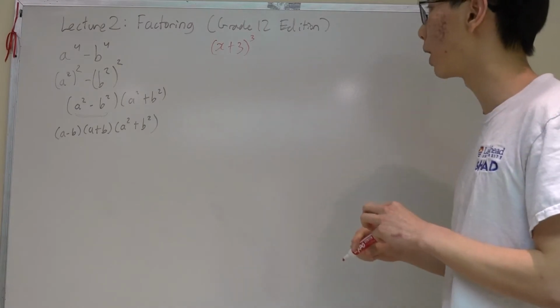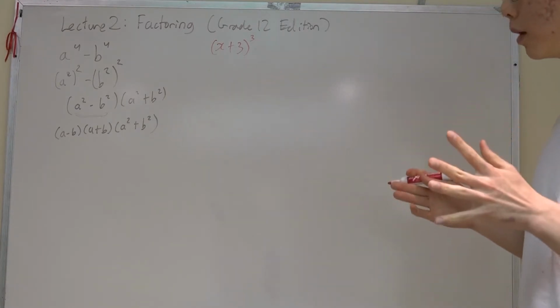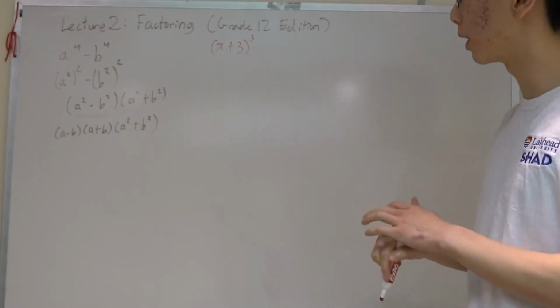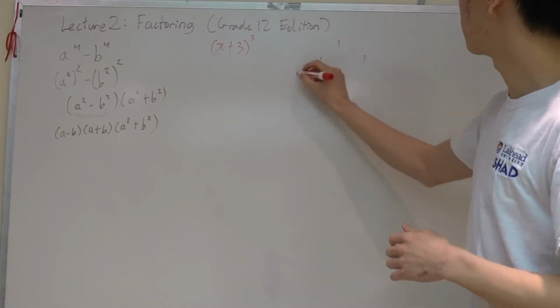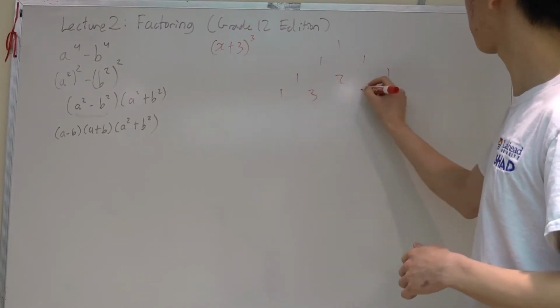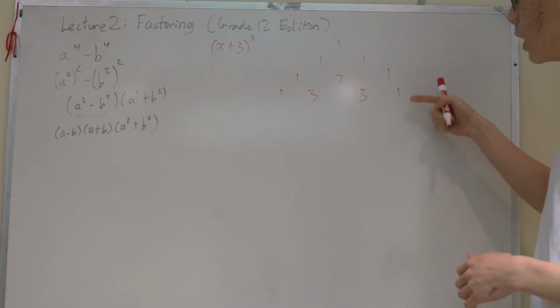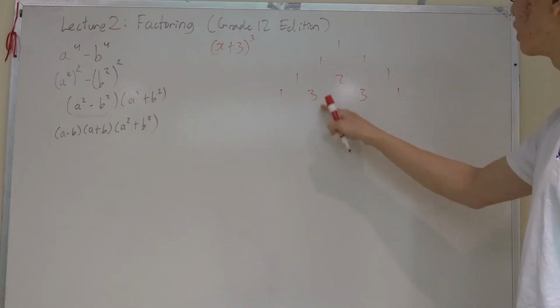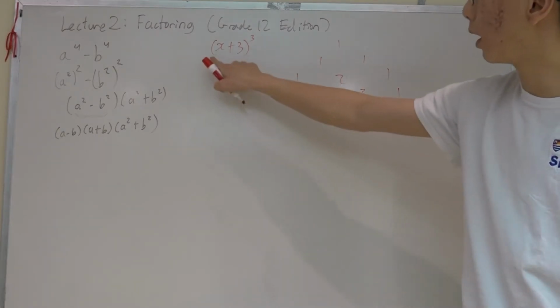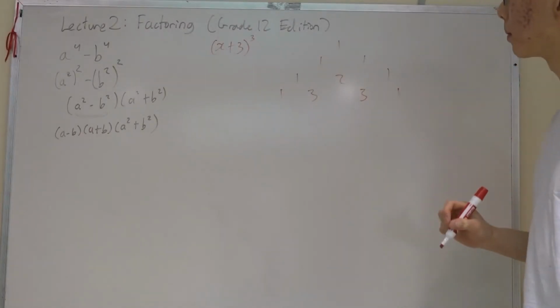It's called the binomial theorem, and it involves Pascal's triangle. That is the triangle that has the numbers like this, and each level tells you the coefficients of the terms when you get an expression of this type.